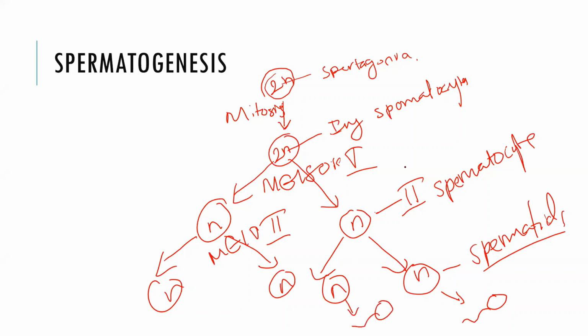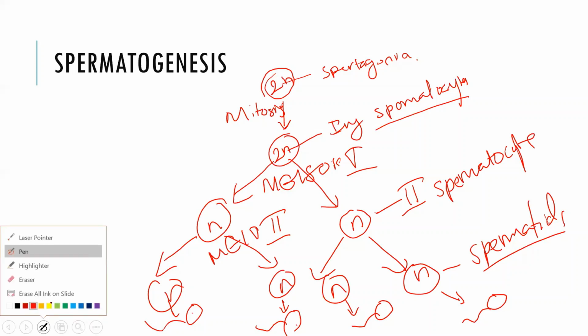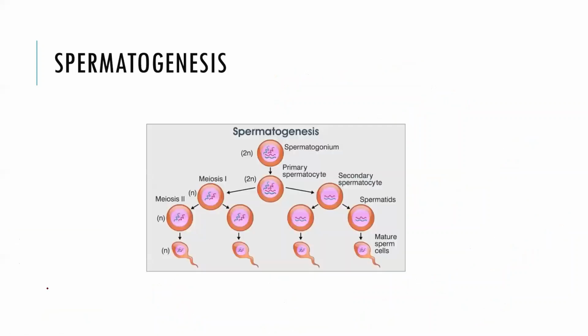So one primary spermatocyte gives rise to 4 different sperms, like this. So this is spermatogenesis.